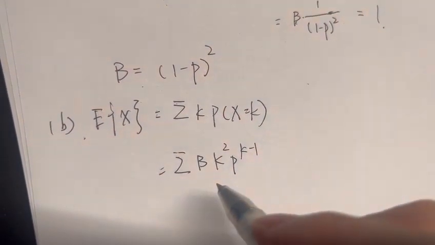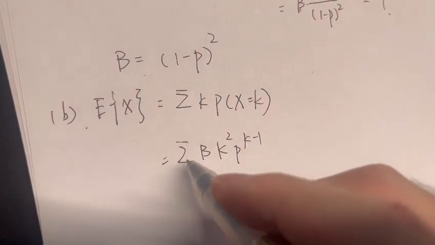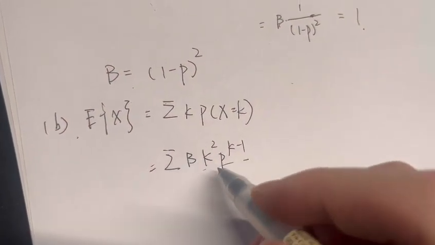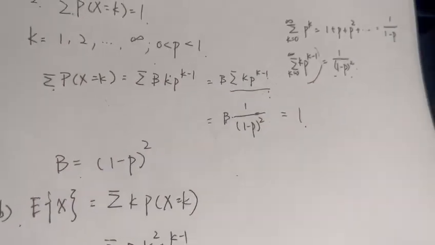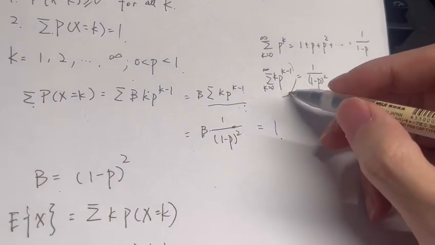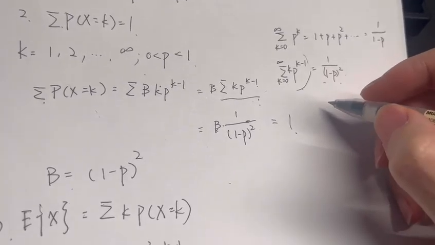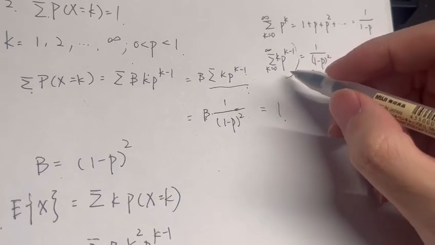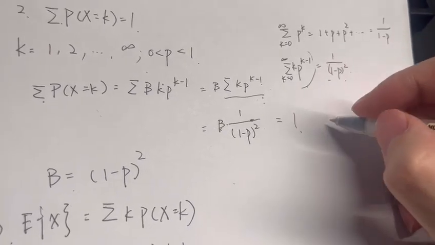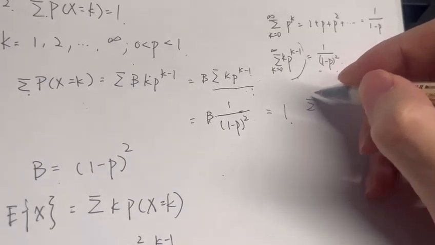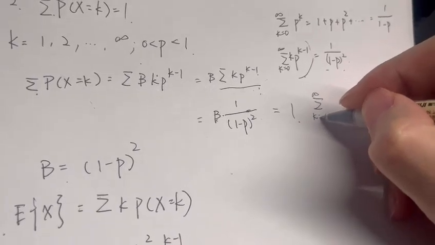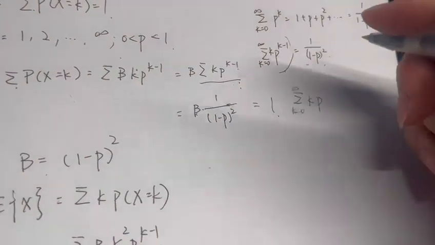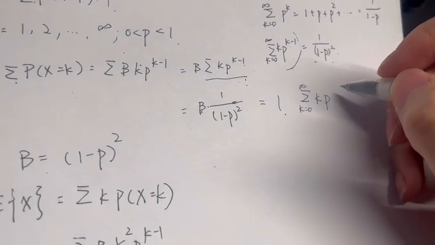And since b is a constant, we can ignore the b for now. But how do we solve the summation of this part? We're going to keep looking at the formula right here. Since we already know this formula, we can also know this formula by just multiplying both sides by p.